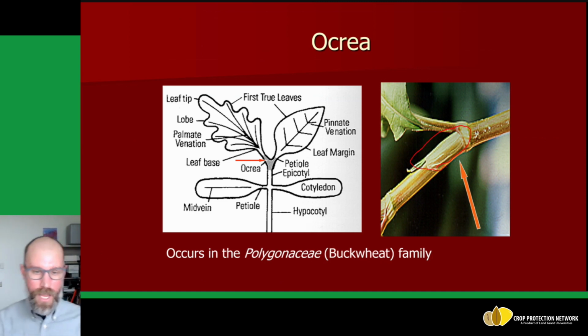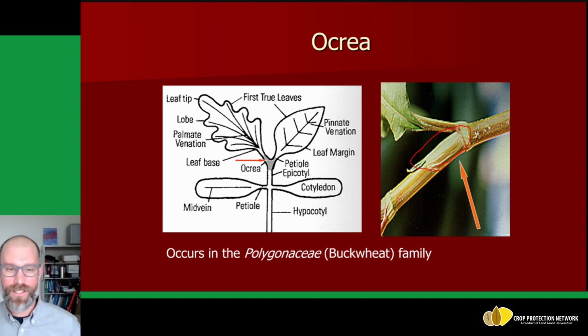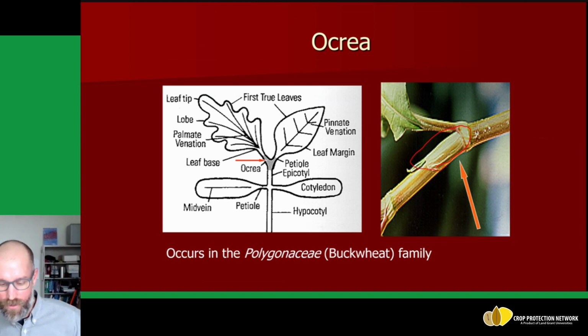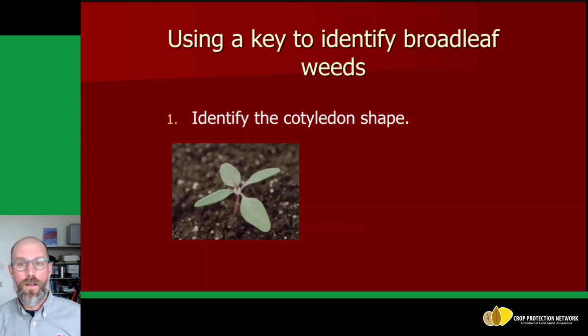And it's a really papery thin sheath that kind of wraps itself around the stem. And so it's within the buckwheat family. So wild buckwheat and Pennsylvania smartweed, for example, are plants that would have this ochrea. And so if you find that on the plant, that helps narrow down to at least the specific family. And so that's a good identifying characteristic.